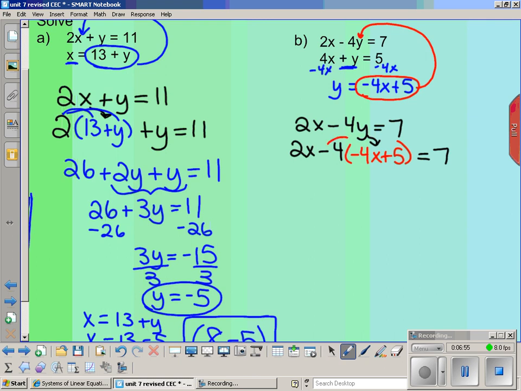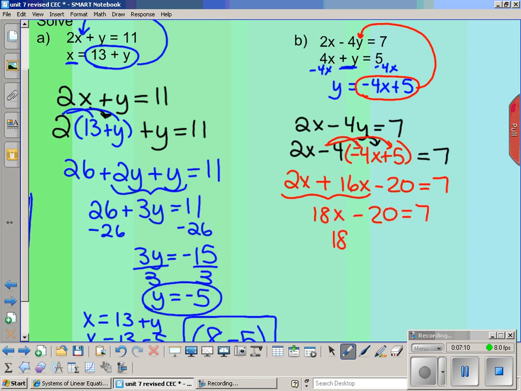Now we can distribute the -4 through the bracket. So we'll have 2x plus 16x minus 20 equals 7. We can put our x's together. We can add the 20.